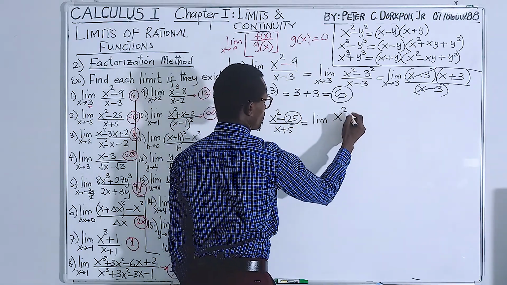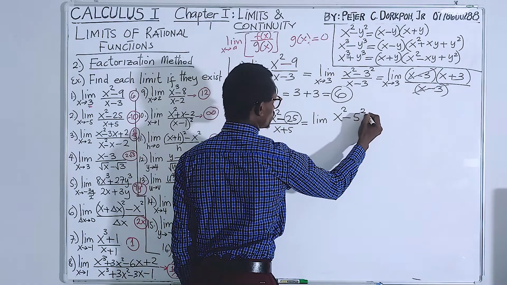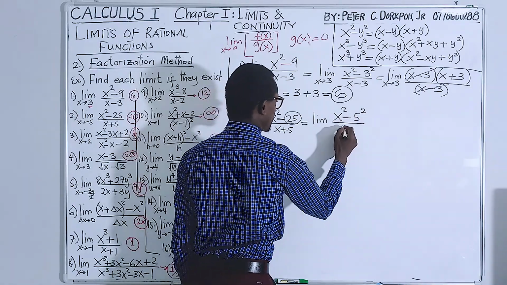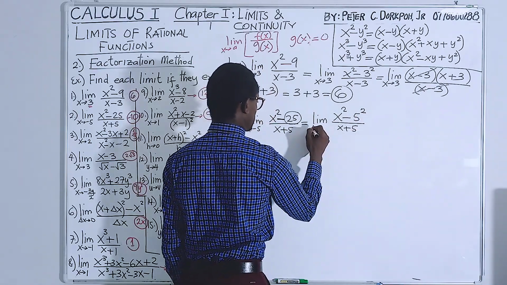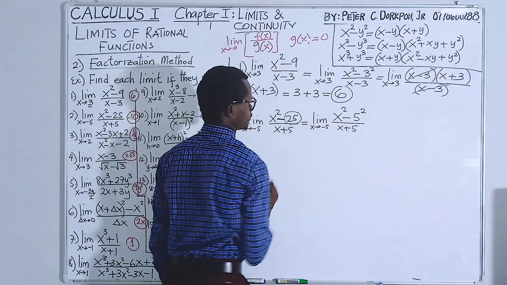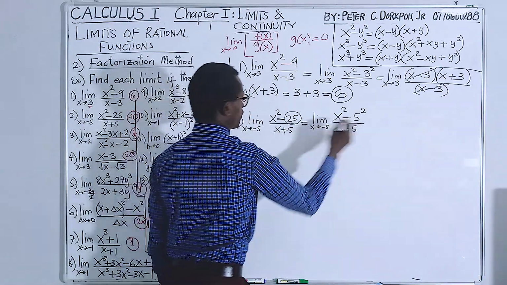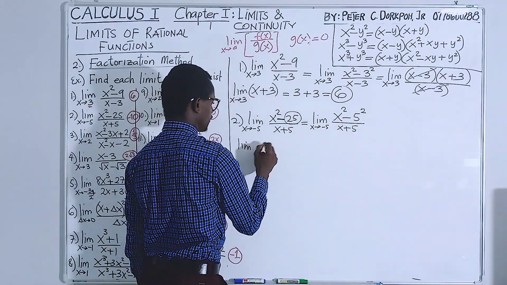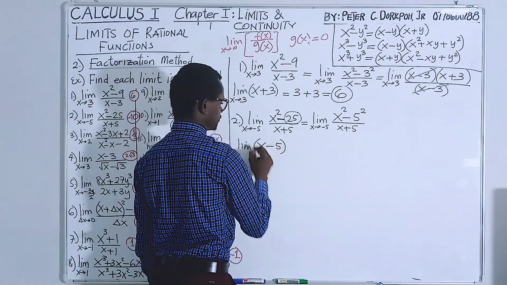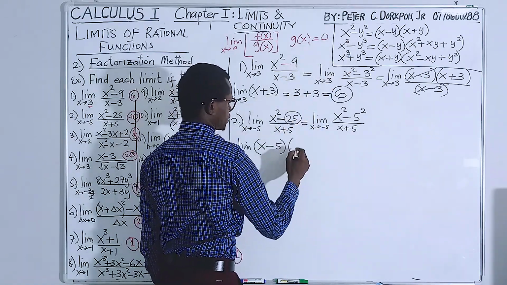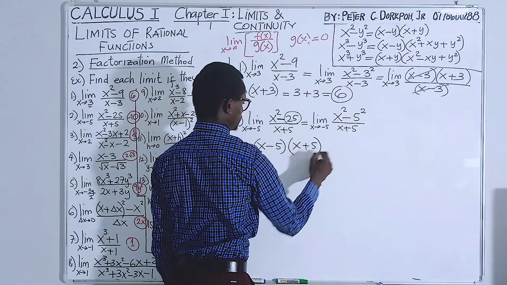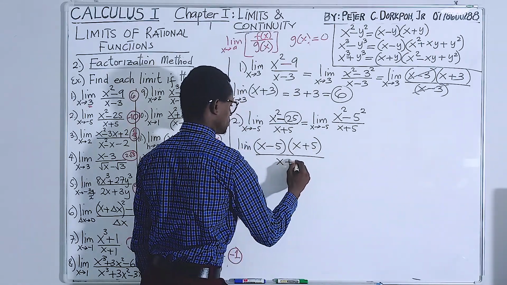So we have x squared, and we know that 5 raised to the power of 2 is 25, divided by x plus 5, as x is approaching minus 5. If we factorize it, you have the limit of x minus 5 times x plus 5, divided by x plus 5.